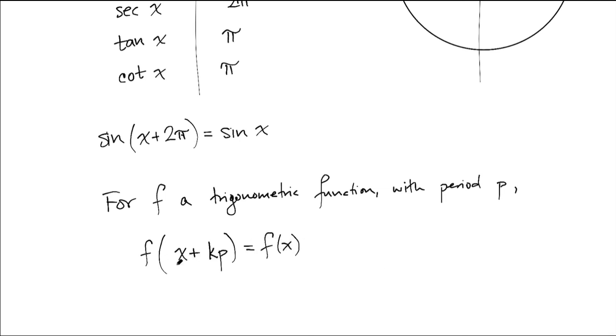If I add the period 1, 2, 3, 7, 129 times, that's not going to affect the output. It's still going to give me the same output as that. And that will be helpful to us when we're trying to evaluate trigonometric functions of numbers that are way beyond one revolution around the unit circle.